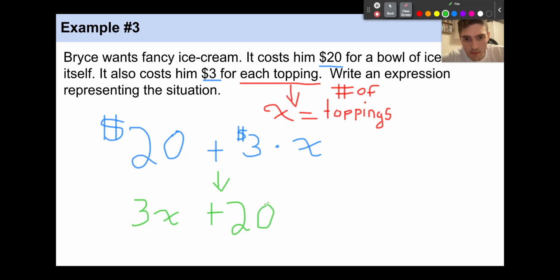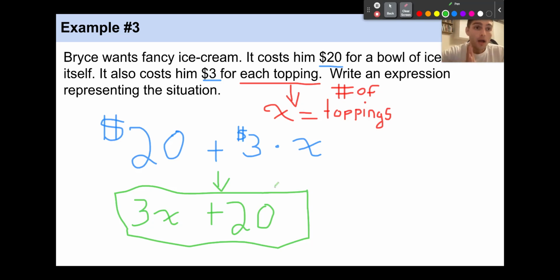This is how we represent Bryce's situation. All right, we practiced 3 times, 3 different word problems. We had it with the number, we had it with the variable given to you, and we had it with no variable given to you. Now you're going to go into the practice problems, do more work with word problems and variables.